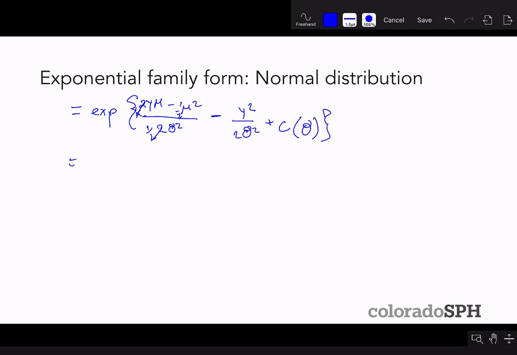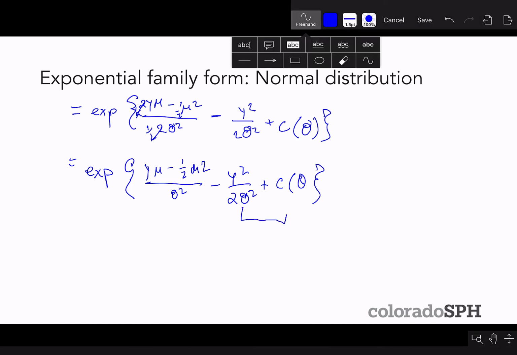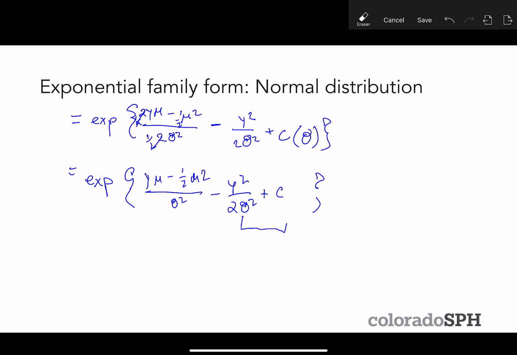And then we get e to the y times mu minus 1/2 mu squared over sigma squared minus y squared over 2 sigma squared plus c of sigma. And we're basically there. Sorry, that's actually supposed to be c of sigma.